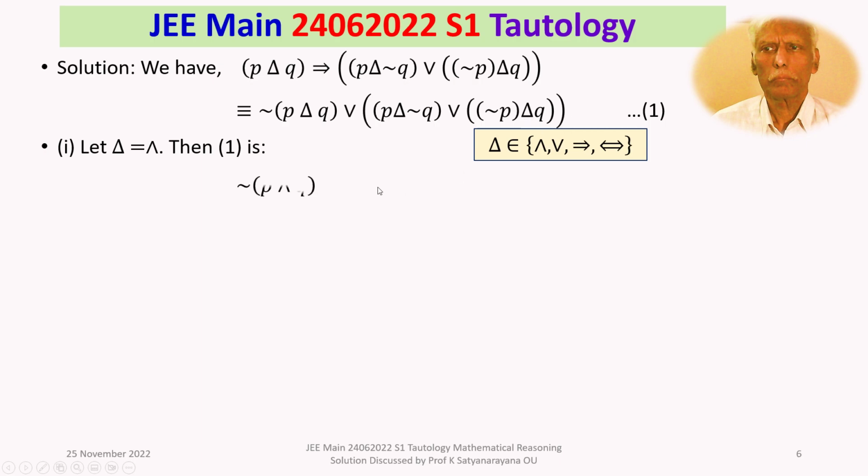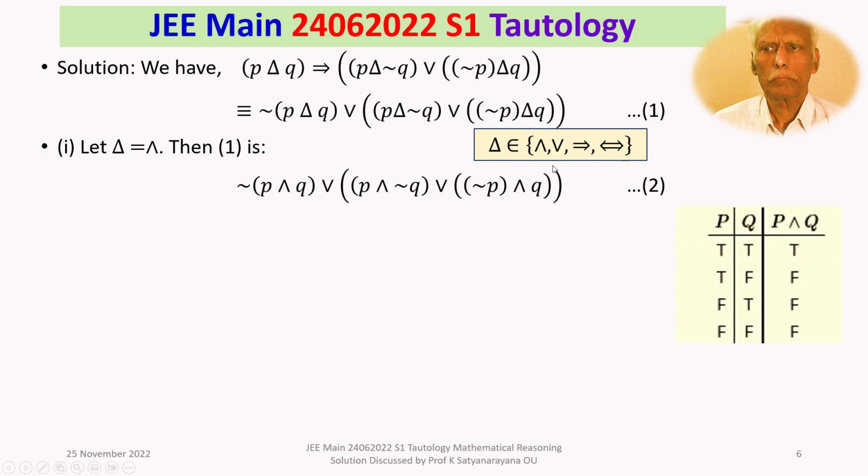So after delta takes this logical connective conjunction, statement 1 becomes statement 2. Now is this statement 2 a tautology? That's what we are going to ask. If you know the truth table for and, that is sufficient.